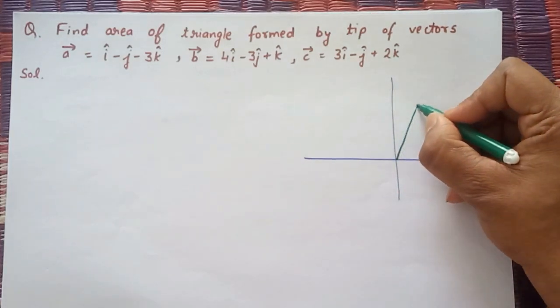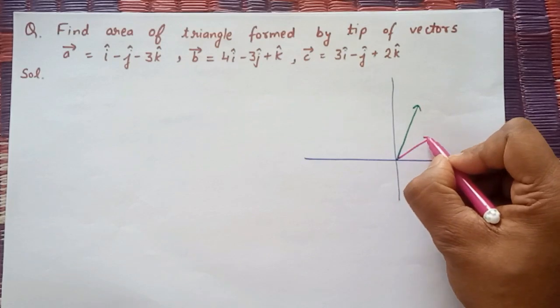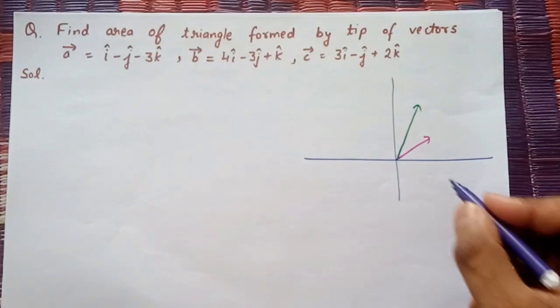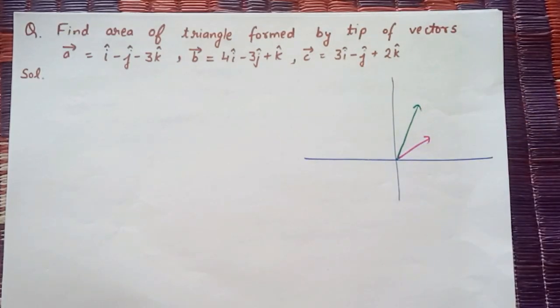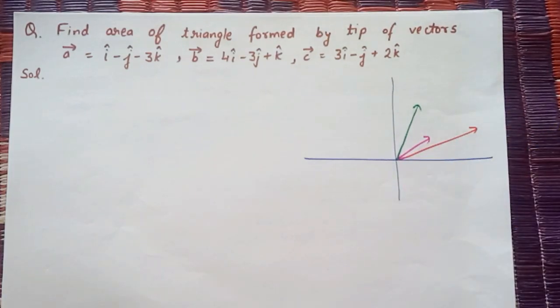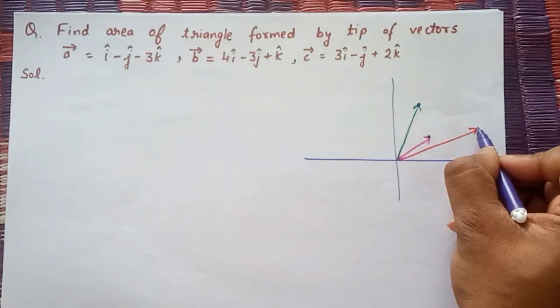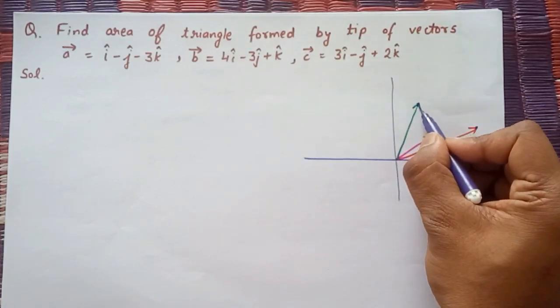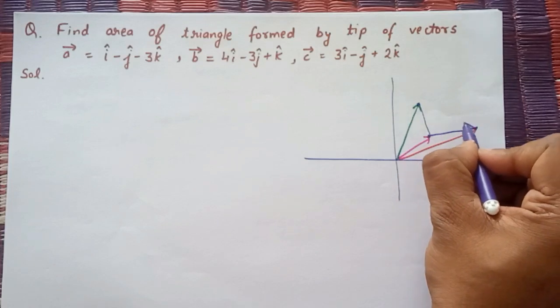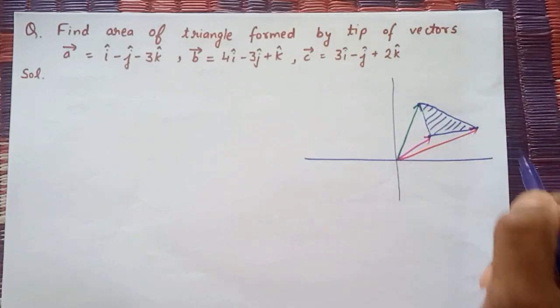This one is the first vector, this one is the second vector and this one is the third vector. So these are their tips and we have to find the area of this triangle.